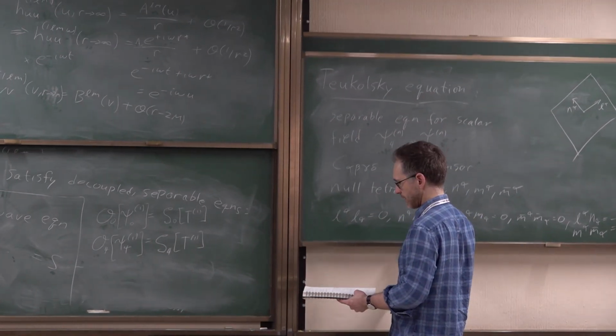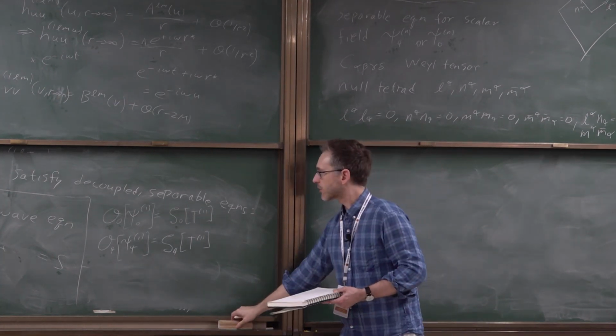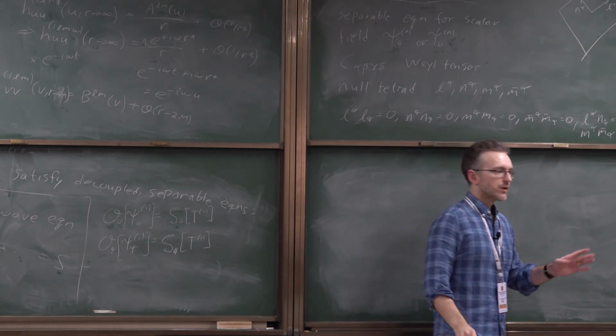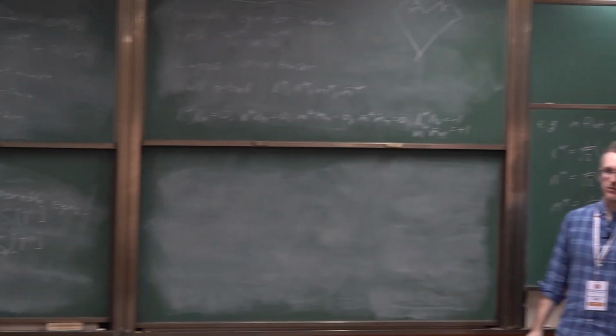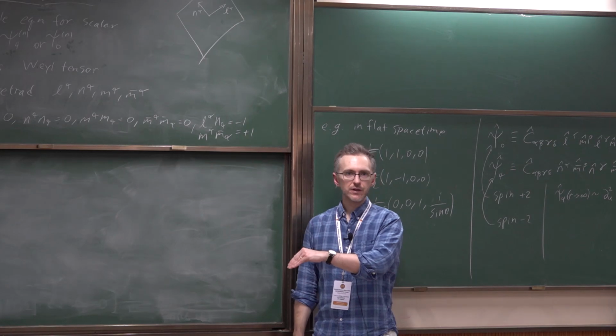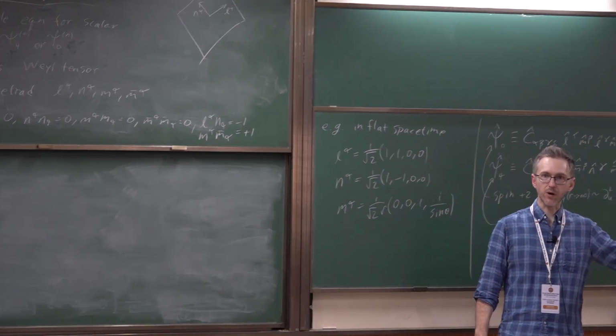Now, the way you separate these equations, you can't, unless you're in Schwarzschild. If you're in Schwarzschild, you can use the same kind of strategy as we did for the linearized Einstein equation. First, decompose in some spherical harmonics.